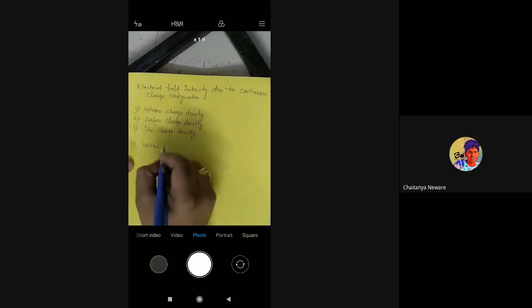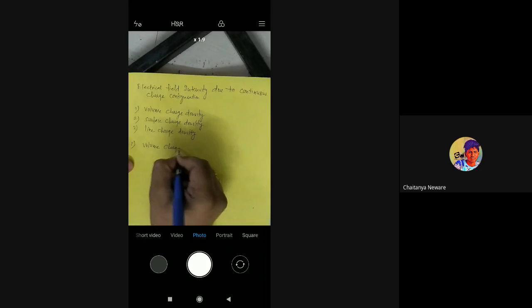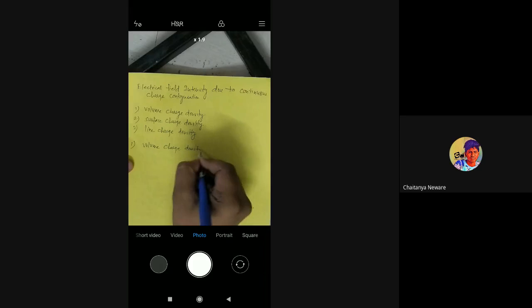So first we have to learn about the volume charge density.